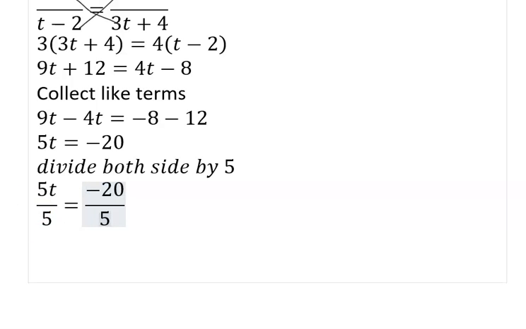Such that our 5 can cancel out this 5. So we'll be left with what? t. Now, this minus will definitely come up, because you will see 20 divided by 5 will be 4. So we have minus 4 as our final answer. 20 divided by 5 will give us 4, but this minus will definitely show up.